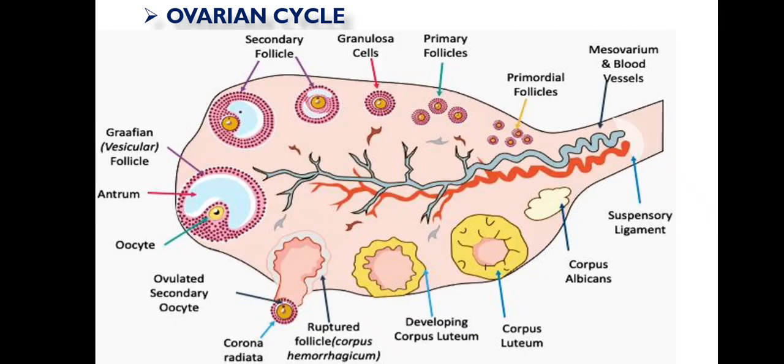When you're talking about the ovarian cycle, this cycle starts to produce this ovum at puberty.